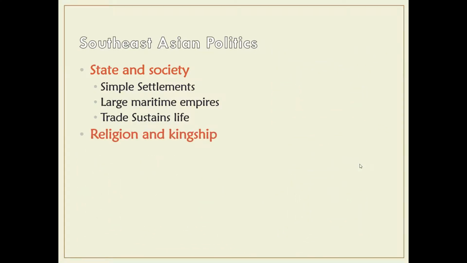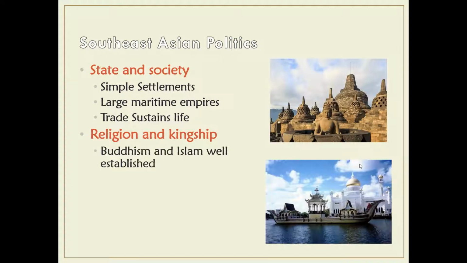When it comes to religion and kingship, you had Buddhism and Islam well established. You had Buddhism coming from India and moving into Southeast Asia, and pretty much setting up shop throughout the islands. Islam, as I said, came in the 13th and 14th centuries, and was accepted by many people. And then you still had some islands that had a lot of Hindu influence.